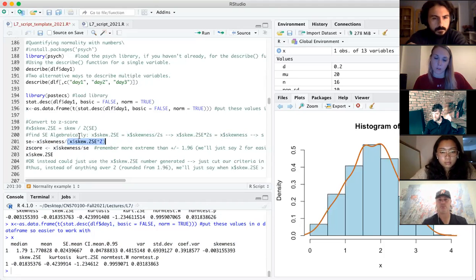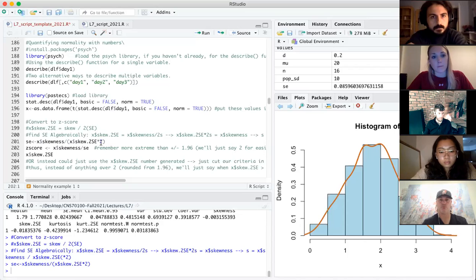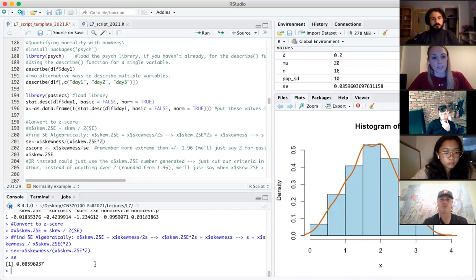Grab your value divided by some error term to get your Z observed. And notice I'm multiplying by 2 here because this is 2 times the standard error. So I have to get it back up to where it's supposed to be. So this is the actual standard error. And then if I converted to a Z-score, this is skewness divided by standard error.